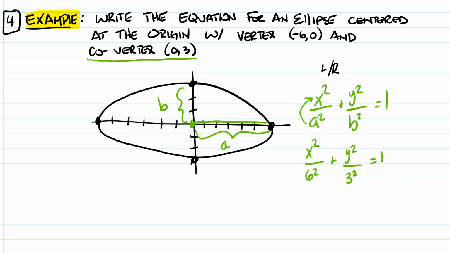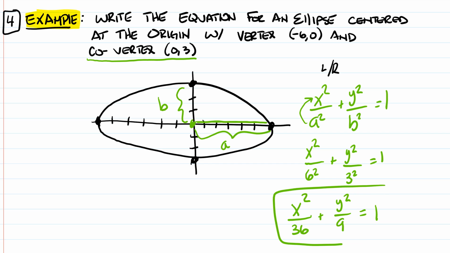And it's more customary to write it as x squared over 36 plus y squared over 9 is equal to 1. And I have now written the equation for the ellipse that's centered at the origin, and my major vertex is at -6, 0, and a co-vertex is at 0, 3.